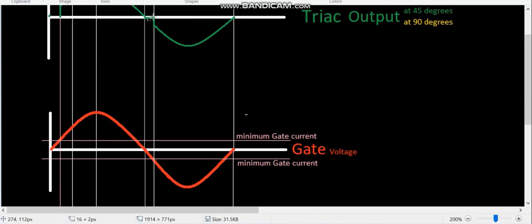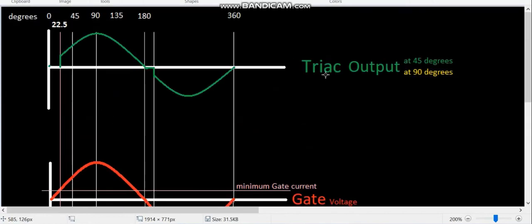So your output waveform under these conditions is going to look something like that, where it starts to conduct here at that point, and then it's conducting through there.